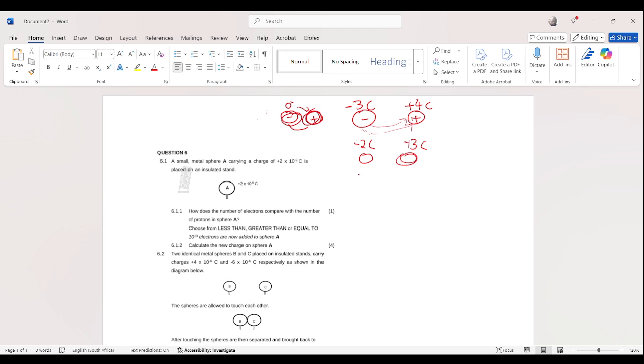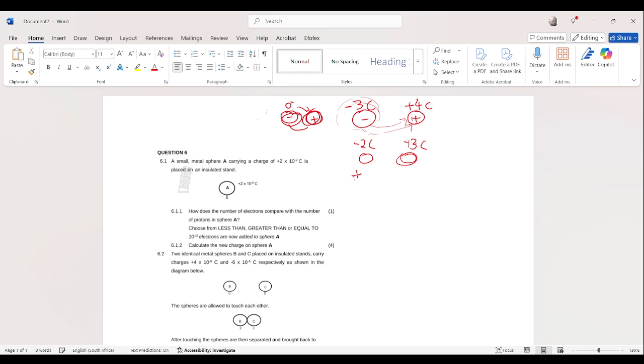Okay, let's try to transfer four electrons. How many electrons will be left on the negatively charged object? If we transfer 4 negatively charged electrons, let it be one, sir.